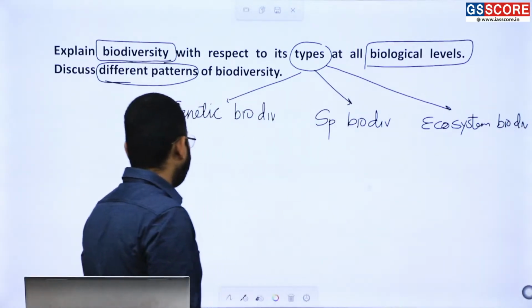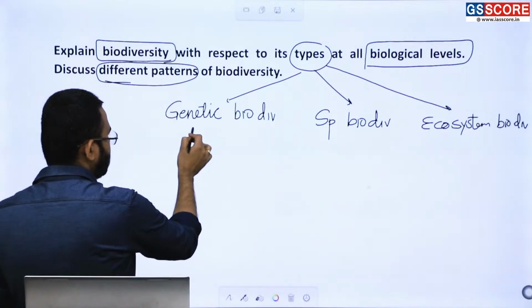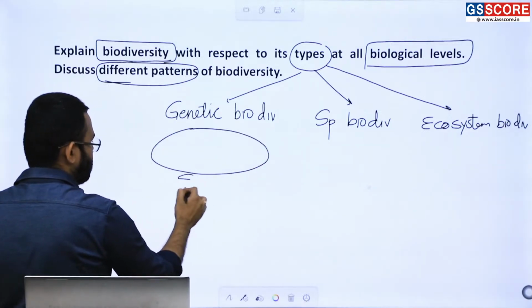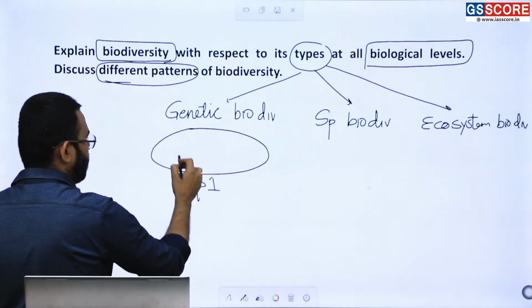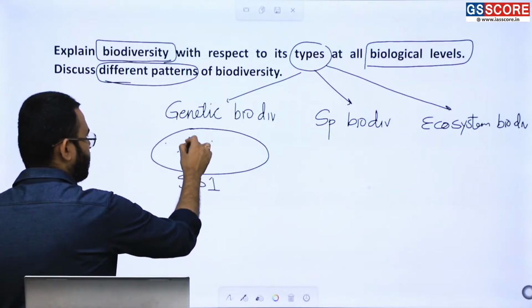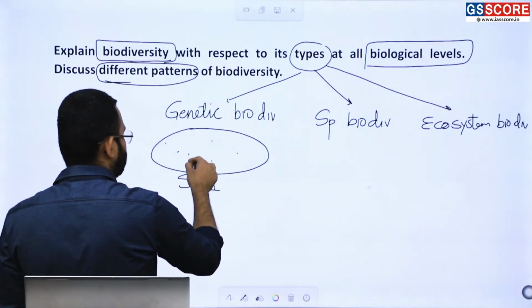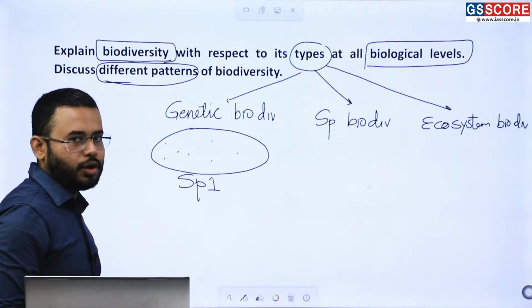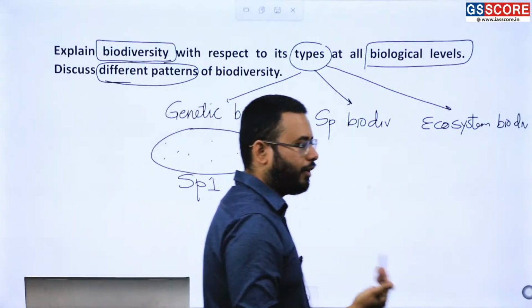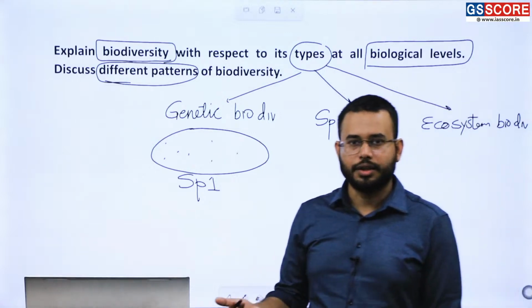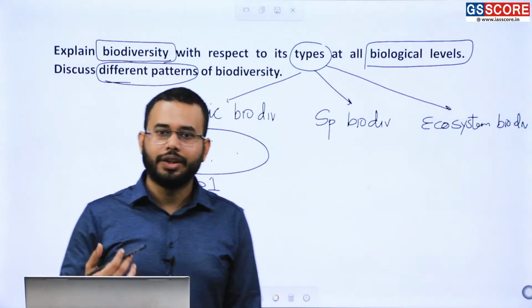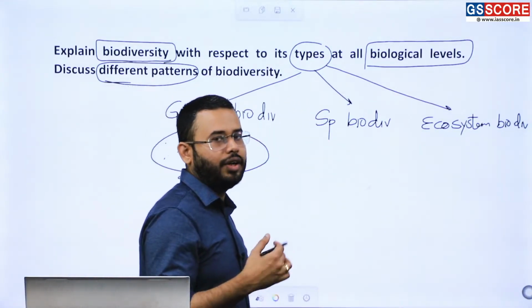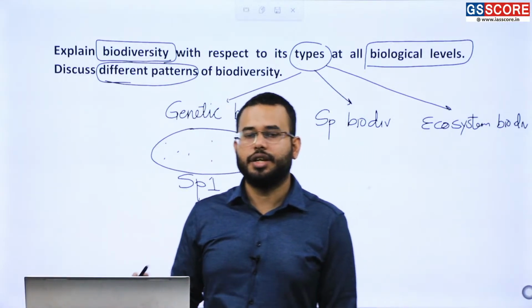Now if you look at here, genetic biodiversity is within a species, species 1. Here in the individuals which are there in this species, take example, suppose human beings. So every human being is different in their genetic construct. If you talk about tiger, so within tiger the population, every individual is different in their genetic construct.